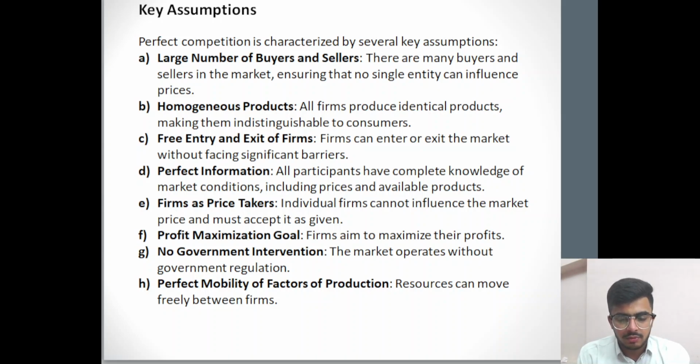Next is free market entry and exit, with no significant barriers, and perfect information, which allows complete knowledge of market conditions. Price takers: firms accept the market price as given.